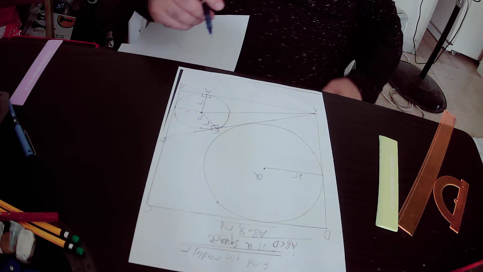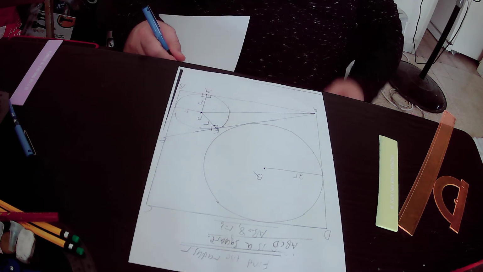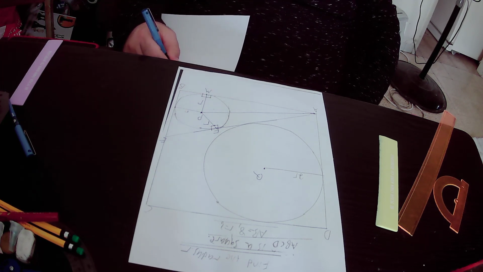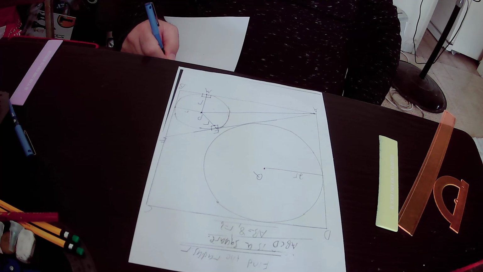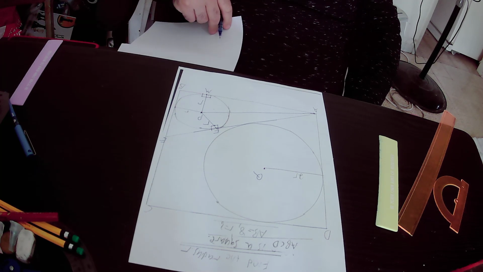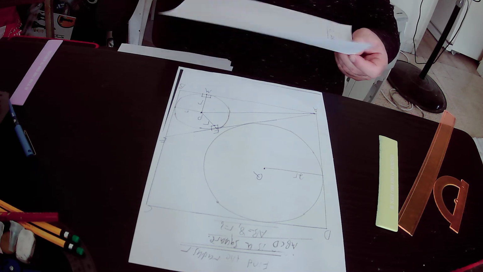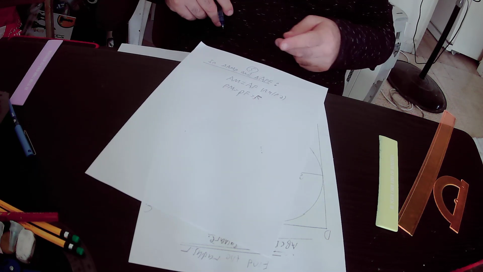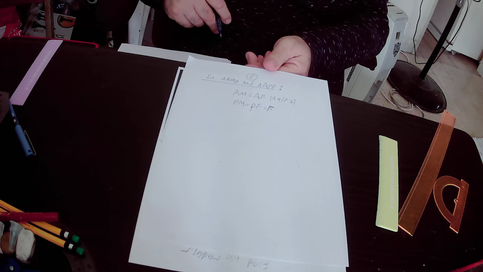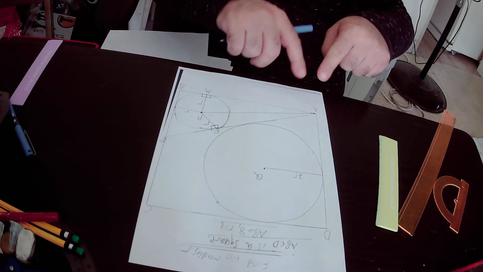And we also know that PM equals PF equals the radius of the small circle, and we have a common side AP.